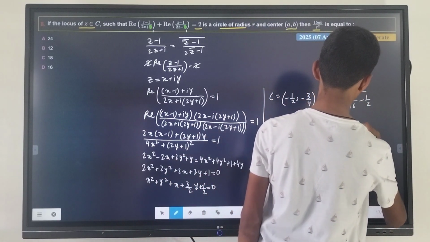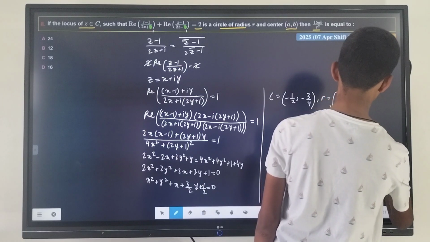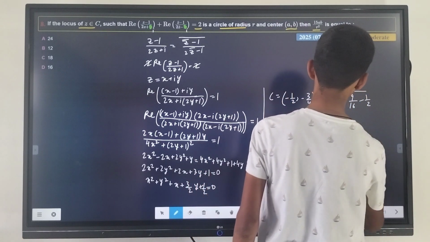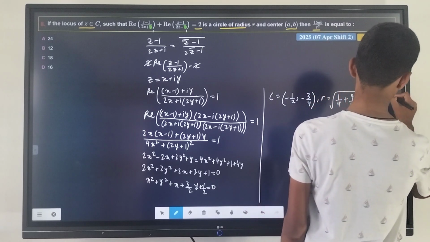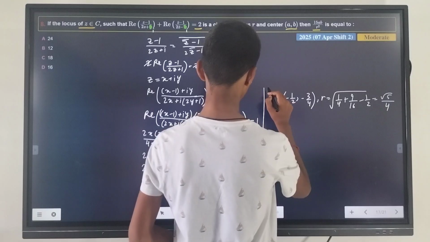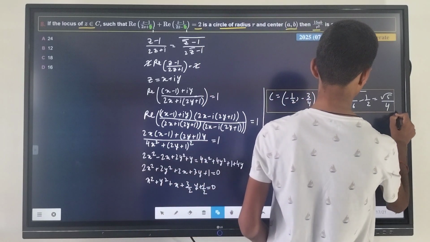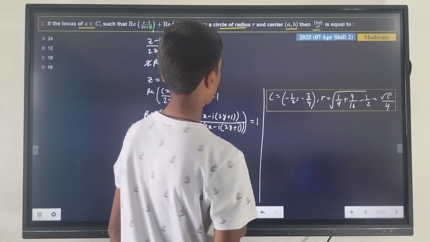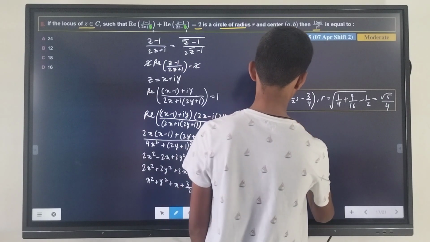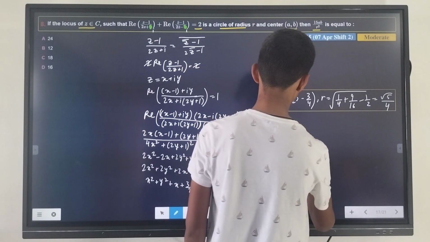13 upon 16 minus 8 upon 16, which will be 5 upon 16. So this is equal to root 5 upon 4. Now our question asks us about 15ab upon r square.